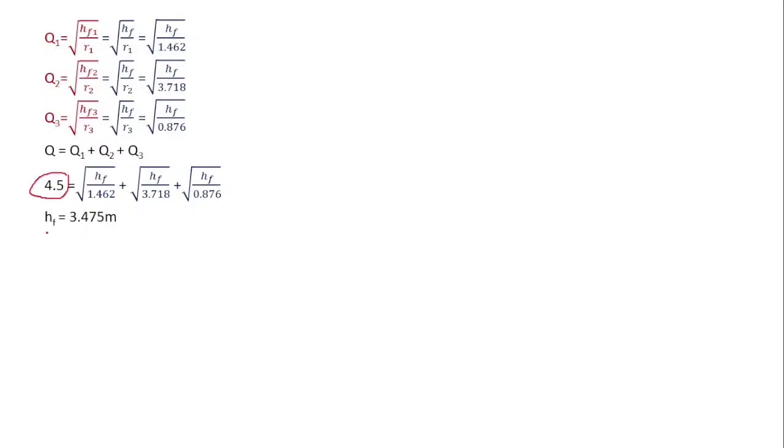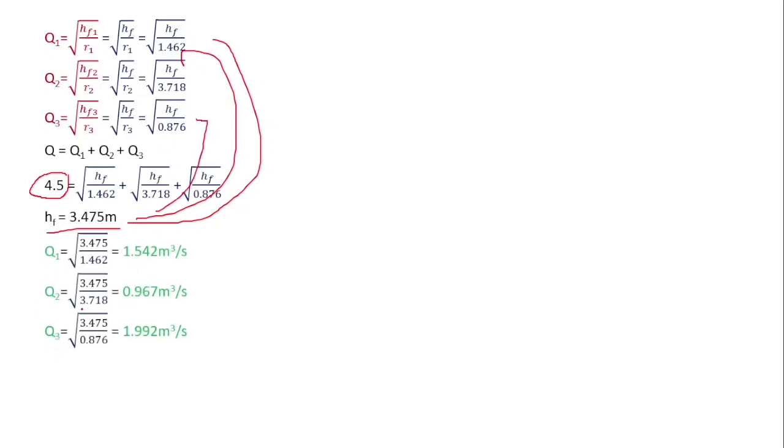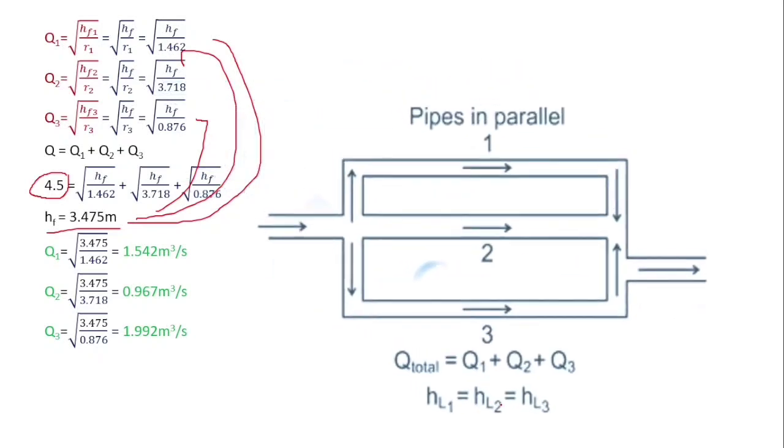So by calculator we got the value of HF as 3.475, and substituting this value in above three equations, we calculate the value of Q1, Q2 and Q3 as 1.452, 0.967 and 1.992 meter cube per second respectively. So this is the figure.